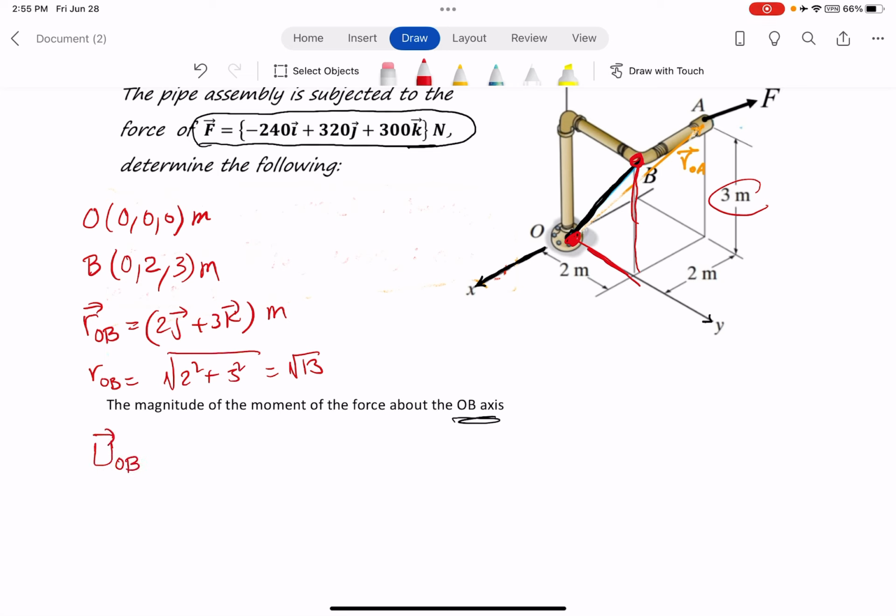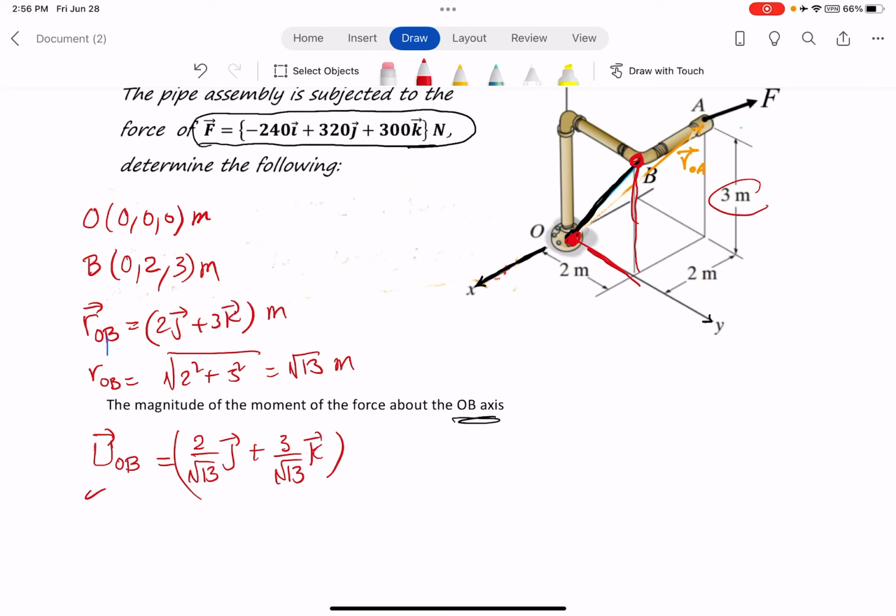So we found the unit vector of OP. This is the first one: 2 over square root of 13 J, plus 3 over square root of 13 K, and of course a unit vector has no units. So we have unit vector OB, and that's the first one.